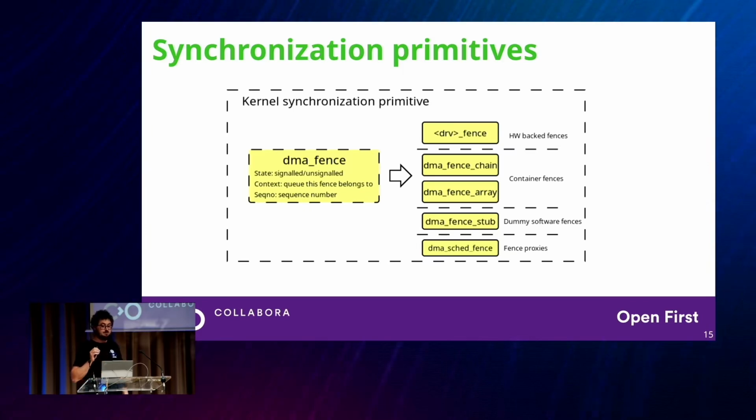So now let's look at the actual implementation of this interface. There are hardware-backed fences. That is basically every GPU driver has one. So it usually relies on some hardware concept that reflects the fact that the job is done. It can be a piece of memory that's shared between the CPU and the GPU, and then when the value changes, that means the fence is signaled.